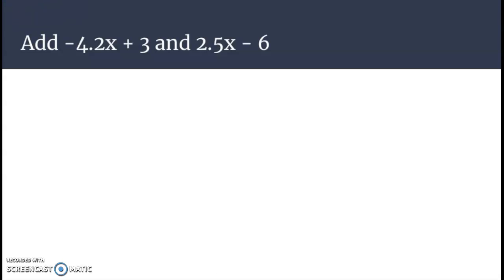So looking at this example, notice we have two linear expressions: negative 4.2x plus 3, and 2.5x minus 6. Alright, so I'm going to rewrite those. It does say to add.